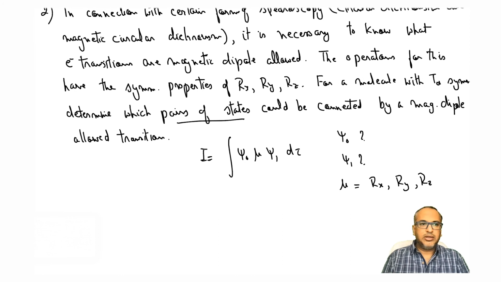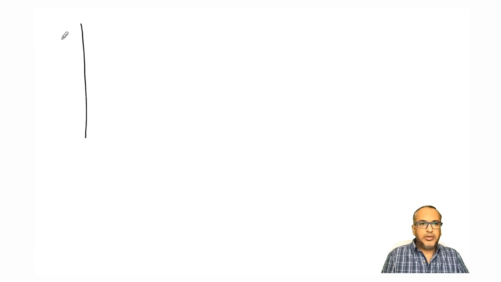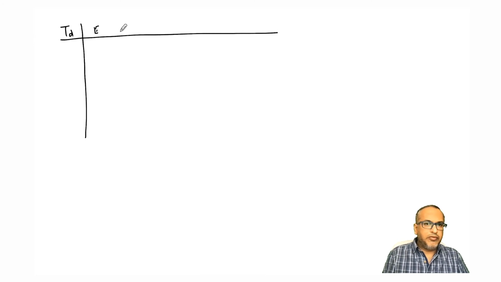Now let us look at the character table. Maybe let's go to the next page. So let's look at the character table of Td symmetry, the tetrahedral point group. So we have E, 8C3, 3C2, 6S4, 6 sigma d, and you have A1, A2, E, T1, T2.